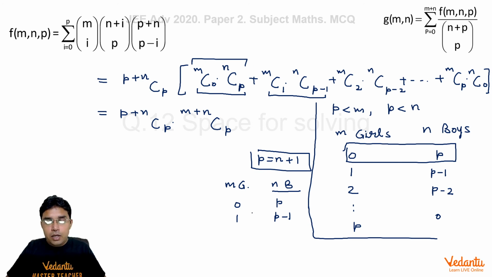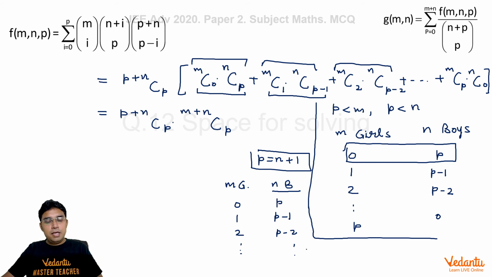Okay, now the meaningful thing will start from MC1 into NCP minus 1 in this summation form also, when I'm selecting 1 girl and p minus 1 boys here also. Similarly, if you select 2 girls, p minus 2 boys, this will represent the next term, and so on and so on.